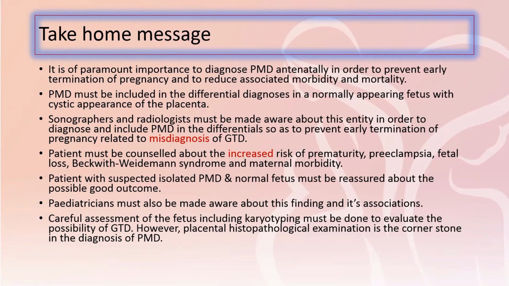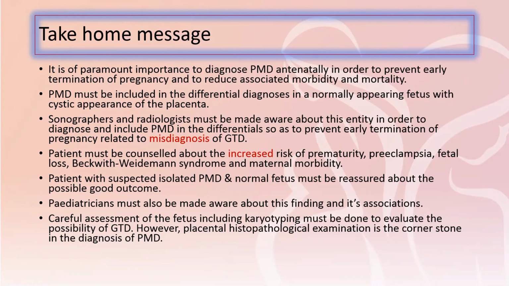Patient must be well counseled about the increased risk of prematurity, preeclampsia, fetal loss, Beckwith-Wiedemann syndrome, and maternal morbidity. A patient with suspected isolated placental mesenchymal dysplasia in a normal fetus must be reassured about the possible good outcome.